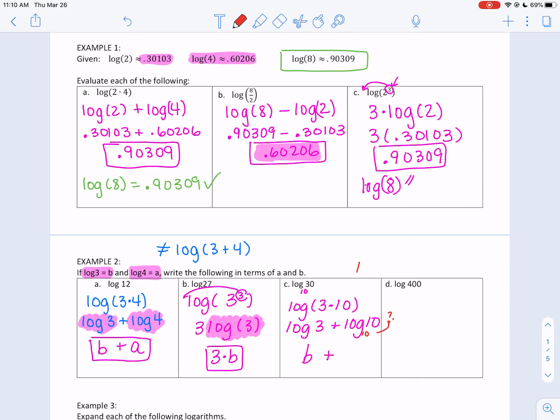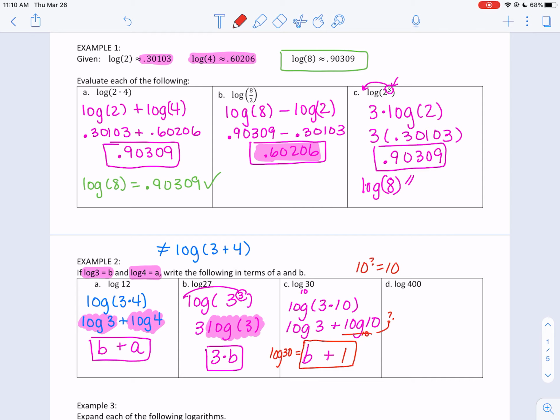And that would be to the first power. So that expression turns out to be 1. So overall, log 30 in this question would be equal to b plus 1.